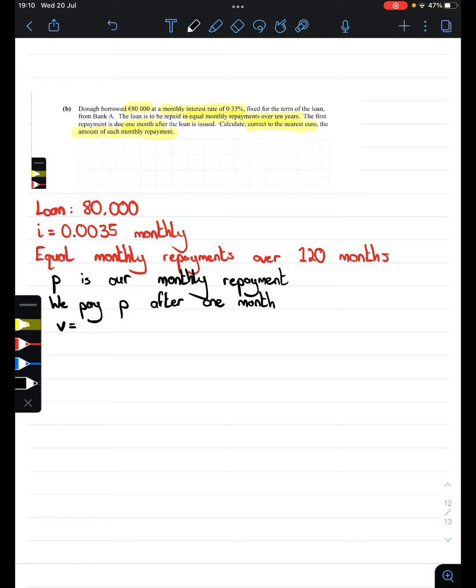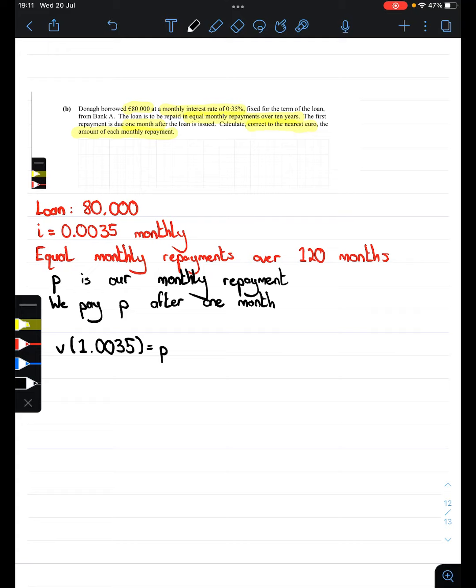is what we're paying them, discounted by 1.0035, because they've set the interest rate to be 0.0035.